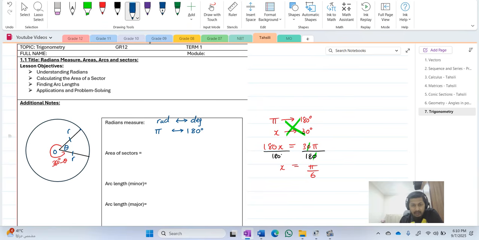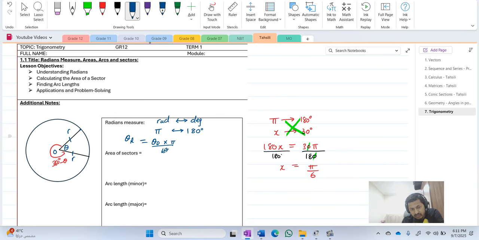That's how we go about solving. Or if you want to use a formula, you can use a formula. To convert theta in degrees to radians, we multiply it by pi and divide it by 180.